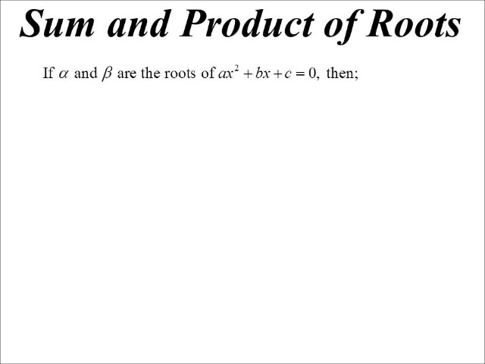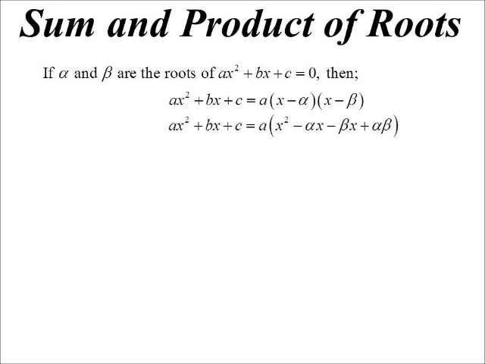But it would be true that if I did know what alpha and beta were, I could factorise this quadratic as a outside of x minus alpha, x minus beta. I'll expand the right-hand side out and divide both sides by a, so we can see that relationship a little bit more clearly. And that's where that idea of multiplies together, so there's the two roots, alpha, beta, to give the last number.